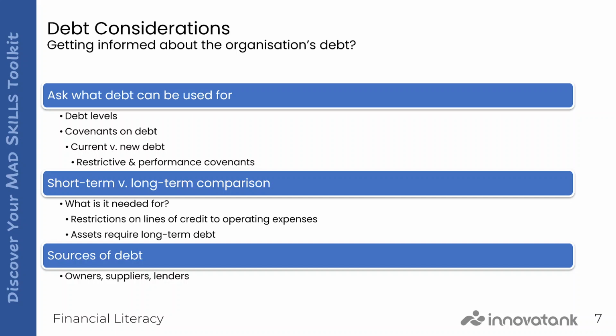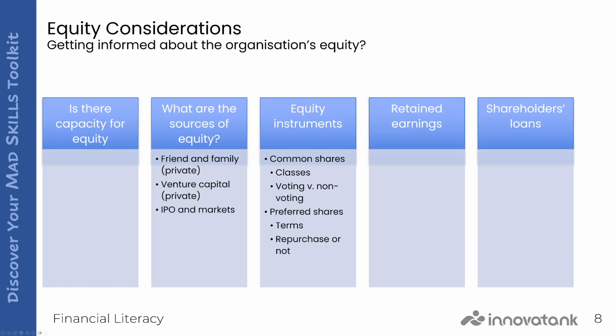Are there restrictions on things like lines of credit to operating expenses? And generally there are. And generally lines of credit can only be used for operating expenses. And what assets require, especially within your solution, do those assets that you're purchasing require long-term debt? Sources of debt are things like owners, suppliers, lenders, etc.